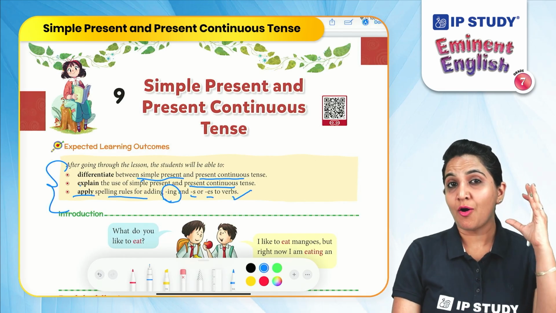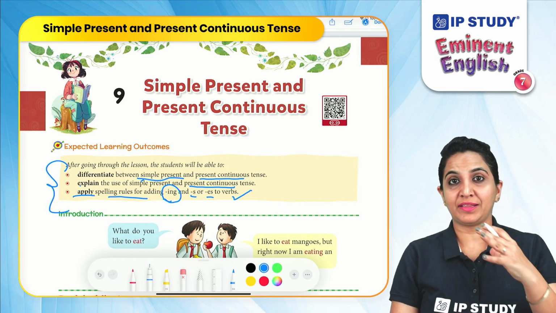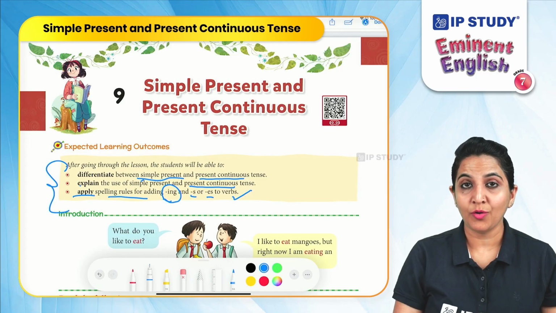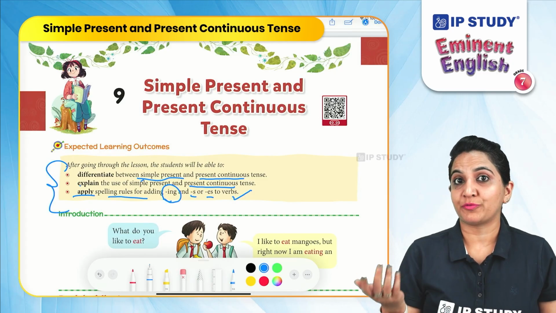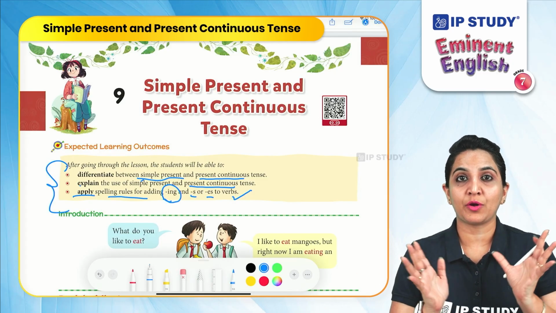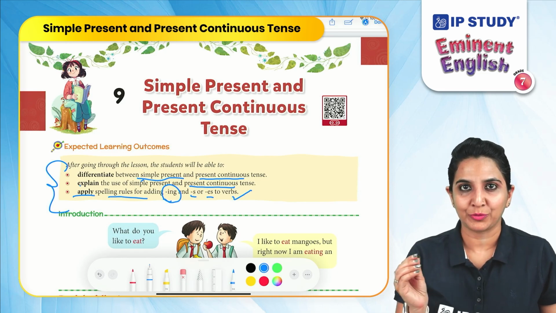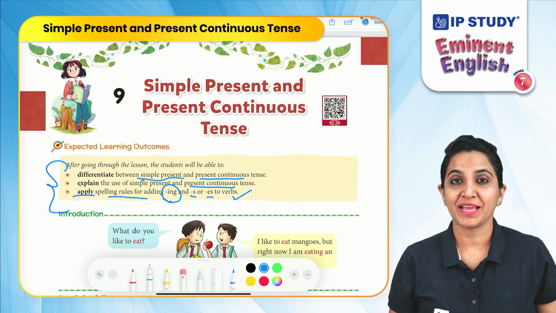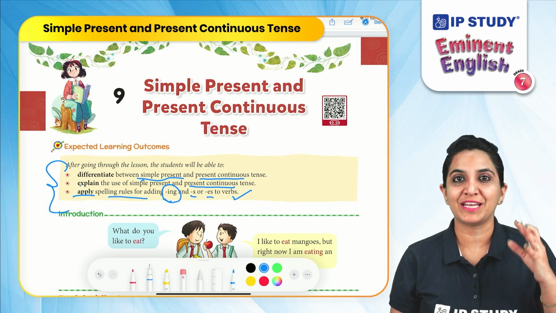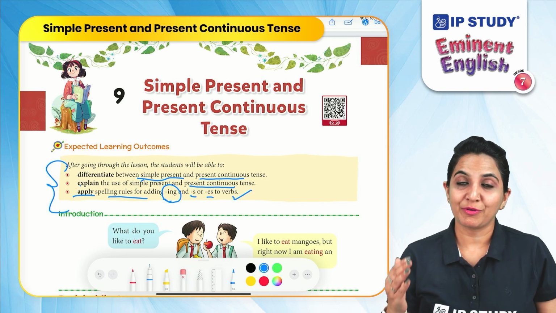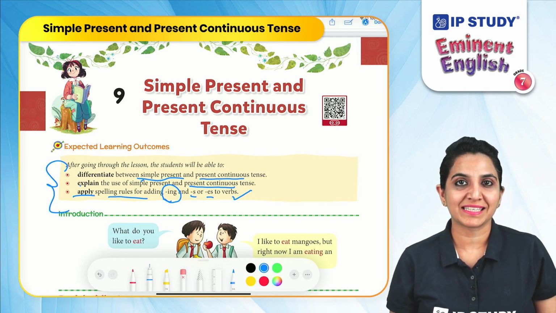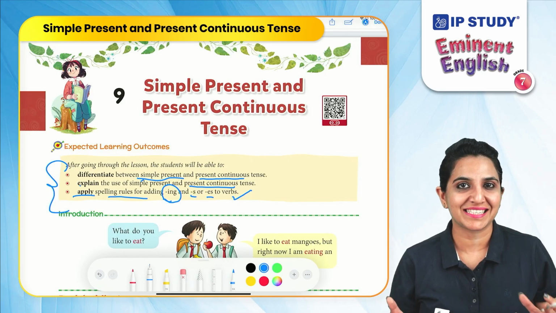So, all of the actions, whether they happen right now or they're a part of your habit, they all require tenses, and there are certain spelling rules for each of them. Now let's dive deeper into the topic. Before going forward, we will discuss and read few examples.